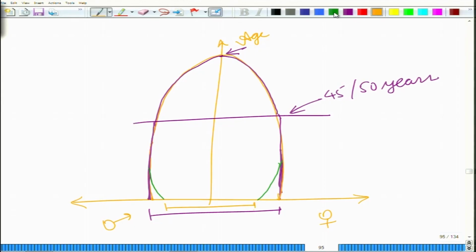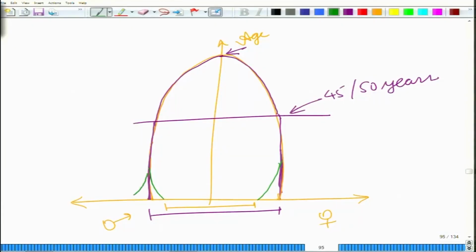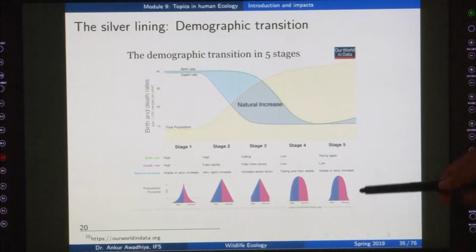Or it is also possible that the society might find that the population now has a number of old individuals and probably we need more children to support ourselves. So it is also possible that you might have a curve that will start to bulge out at the bottom. This is what is represented here in the fifth stage, the stage of a society that has a low birth rate, a low death rate, but the birth rate is slightly more than the death rate.